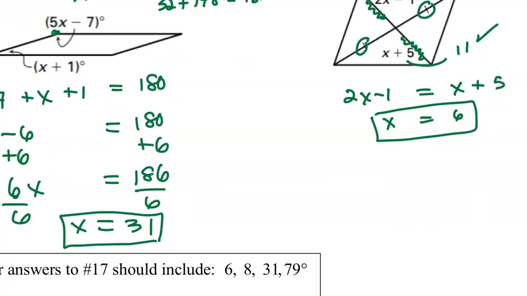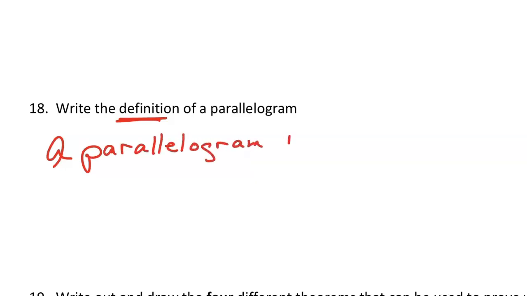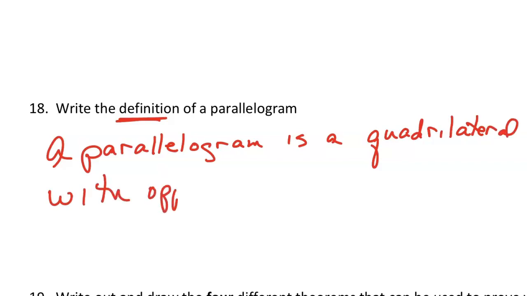Okay, so check your work. Make sure you understand how you're getting these. Okay, write the definition of a parallelogram. A parallelogram is a quadrilateral, or four-sided shape, with opposite sides parallel.